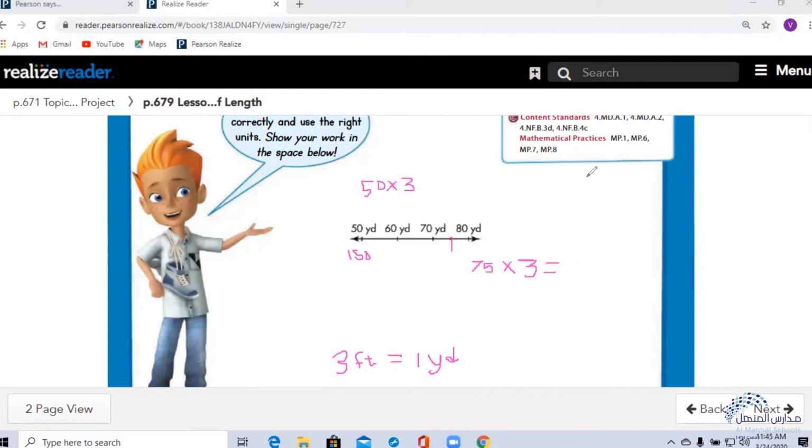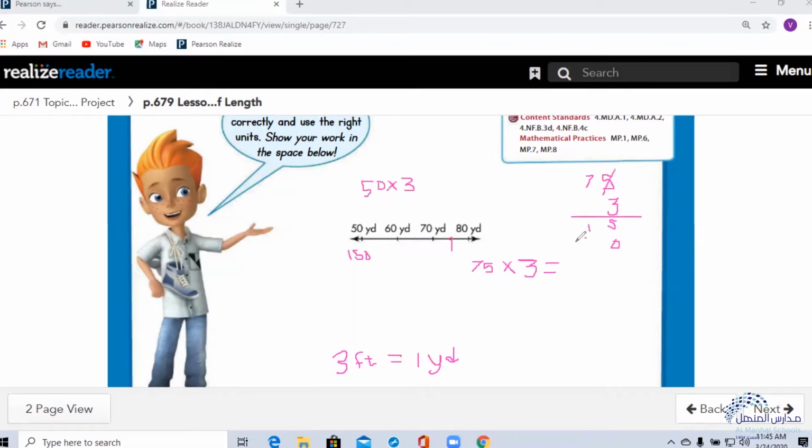How do I do this? I say 75 multiplied by 3. So 3 times 5 gives me 15. And 3 times 7 gives me 21. Now I have to write a 0 because I'm using the tens places.